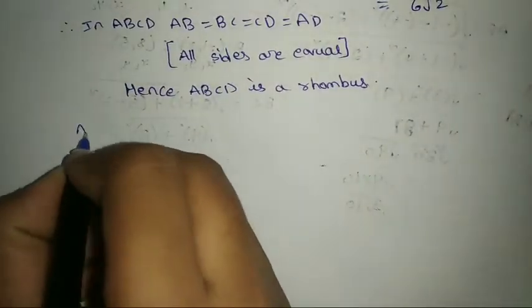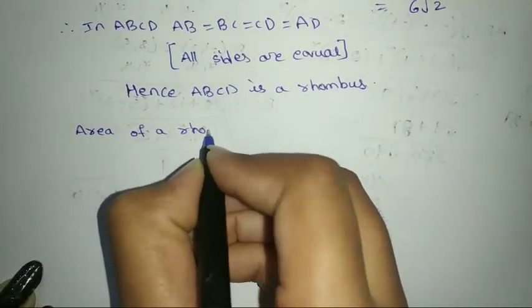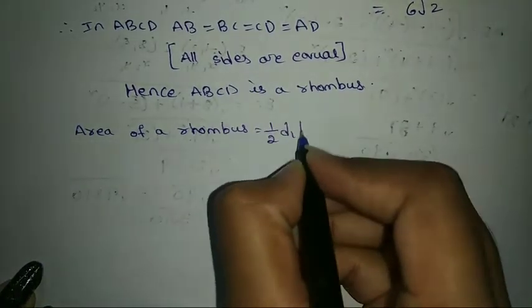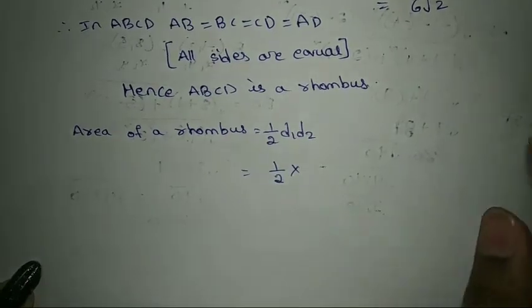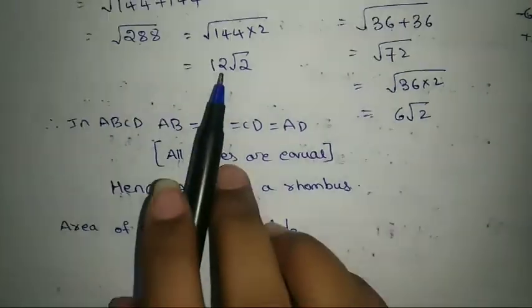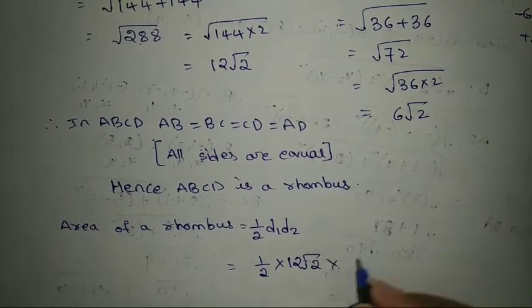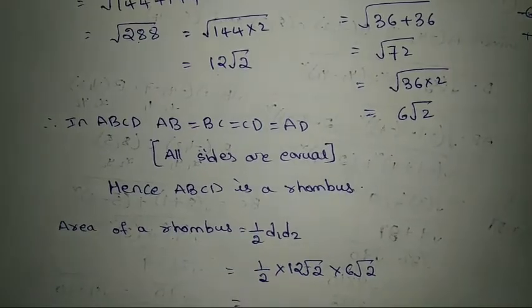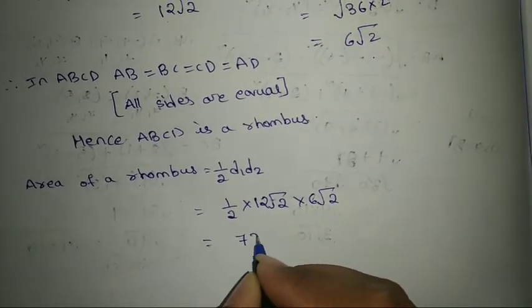So here, area of a rhombus is equal to 1 by 2 into diagonals d1, d2. 1 by 2 into, so what is the first diagonal? 12 root 2 into, and the next one is 6 root 2. Okay, here 12 into 6 is 72.